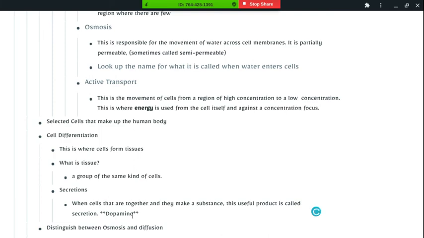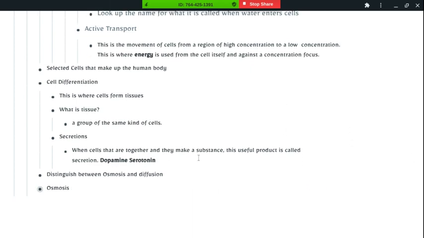Dopamine, serotonin. These are examples of secretions where cells that are together, because your brain tells you that, hey, school is over, I'm happy, come together and make a useful product called dopamine, which is essentially what makes you happy.